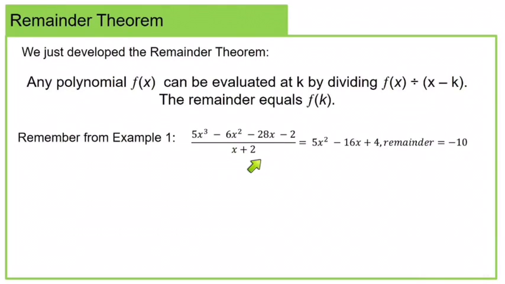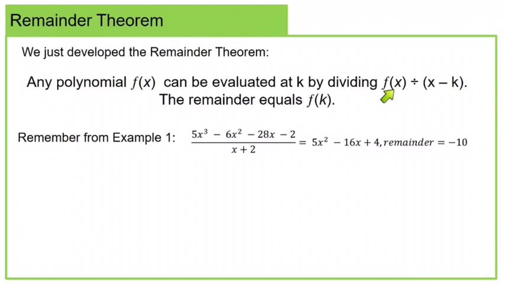We've already worked this problem back in example 1, and we looked at it again after that, and we found out that this polynomial divided by x plus 2 equals 5x squared minus 16x plus 4, remainder of negative 10. Well, now let's notice that this is f of x divided by x minus negative 2.